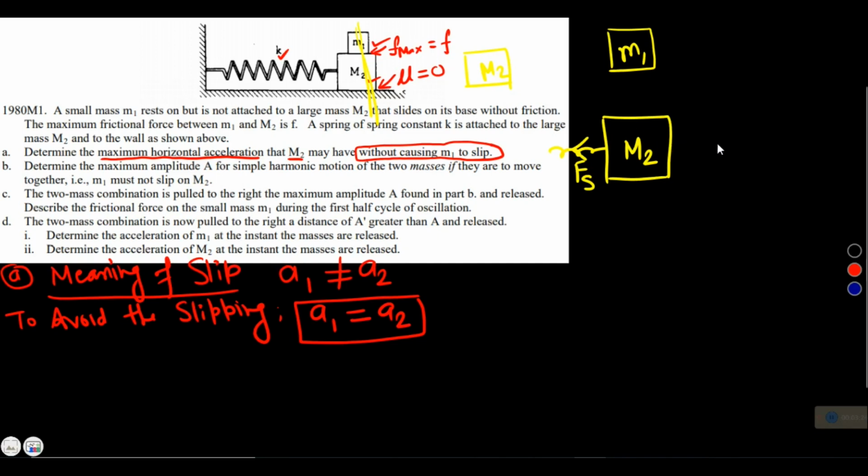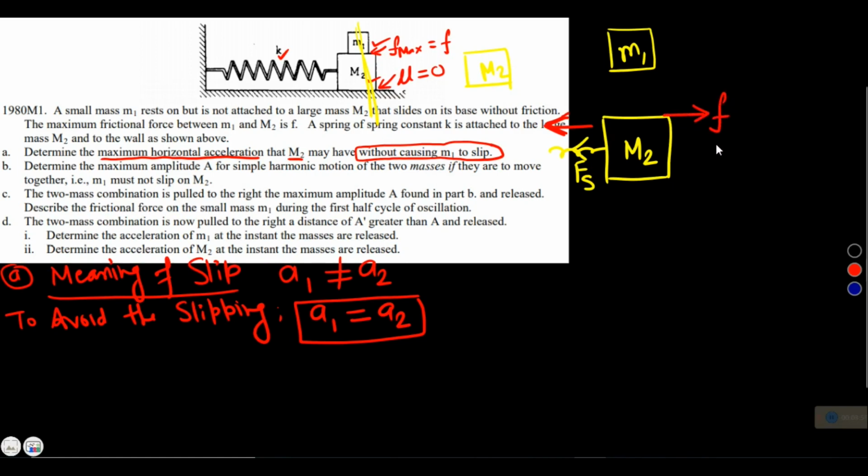To make the free body diagram, first draw friction on the moving object which tries to move first. So this m2 is trying to move, so we will first draw friction on this block. This block wants to move in the left direction. Why? Because we have extended to the right, so it wants to go left, so the friction will be in the opposite direction.